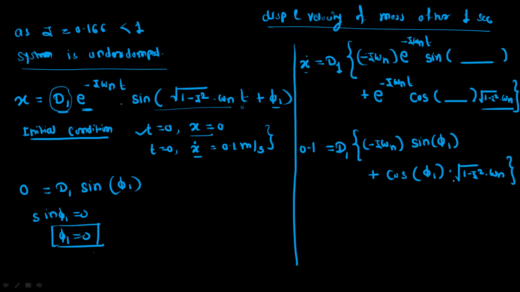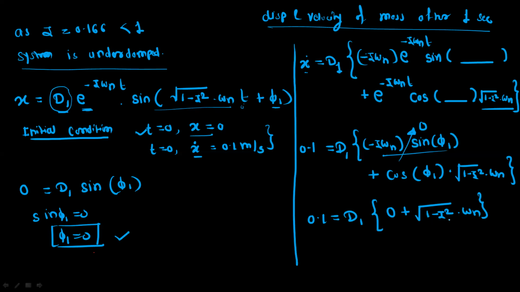Now phi 1 is 0. So as sine 0, this total term will be 0, but cos 0 is 1. So we have the equation 0.1 equals d1 in the bracket, 0 plus cos 0, which is 1, times square root 1 minus zeta square into omega n.